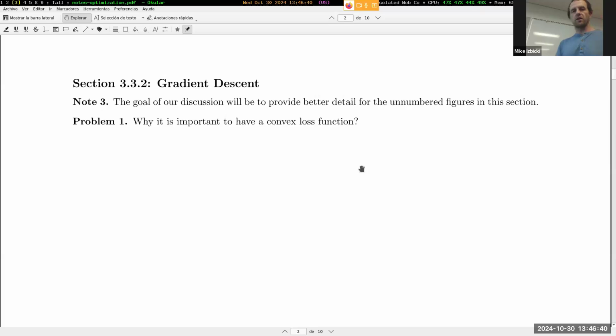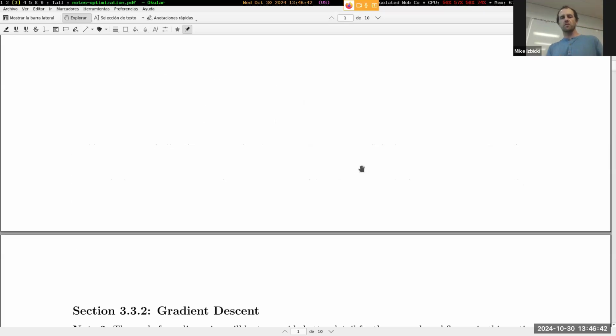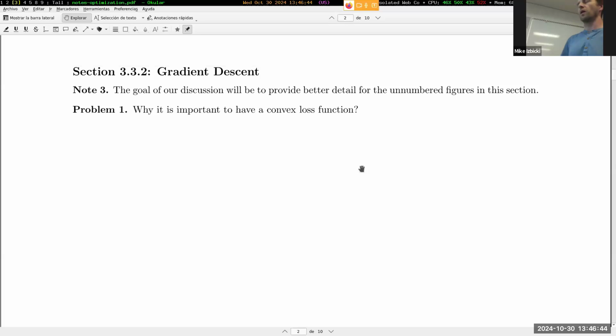But this section of the notes, we're again in the notes optimization right here, this section of the notes is more on intuition, getting you comfortable so that the scary mathematical notation is less scary. Any questions on where we're at or where we're going? Okay, then let's dive in and get started.